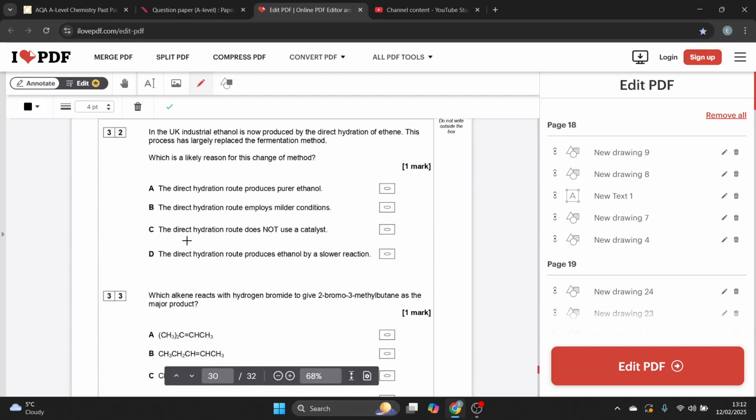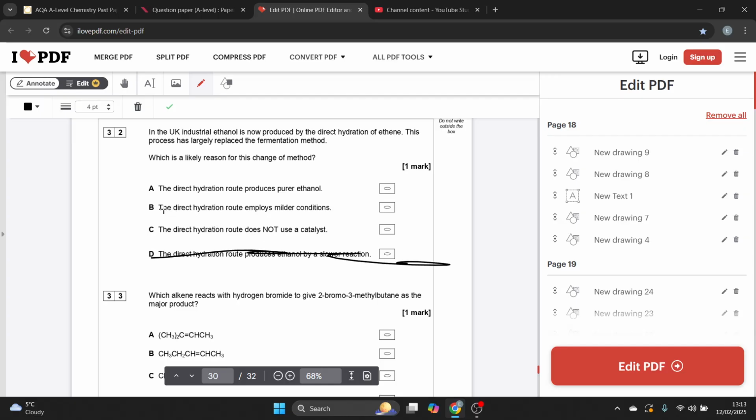Question 32. Which is the likely reason for this change of method? In the UK, industrial ethanol is now produced by the direct hydration of ethene. This process has largely replaced the fermentation method. The direct hydration route produces purer ethanol, employs milder conditions, does not use a catalyst, produces ethanol by a slower route.